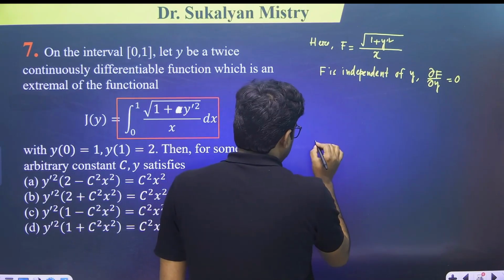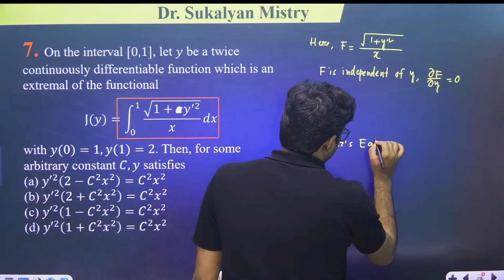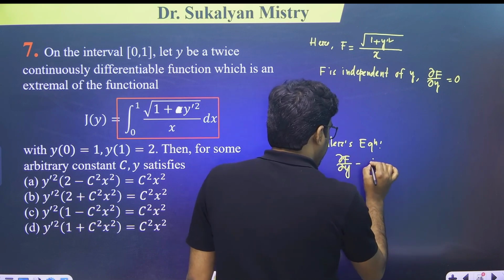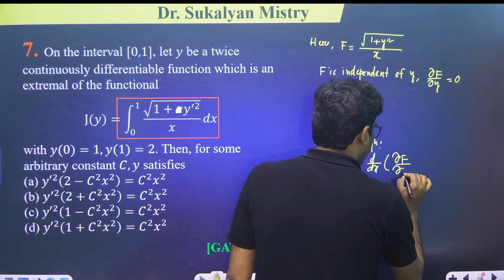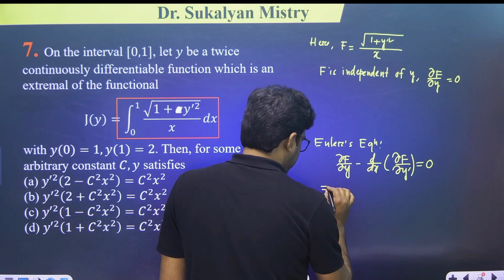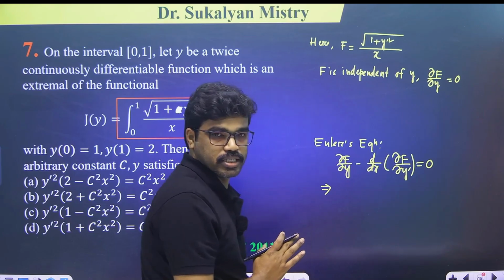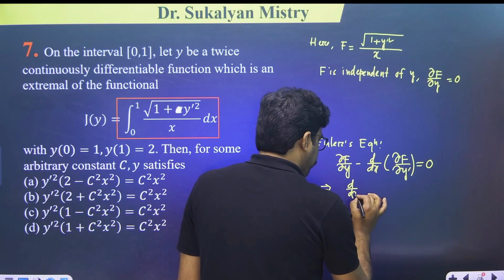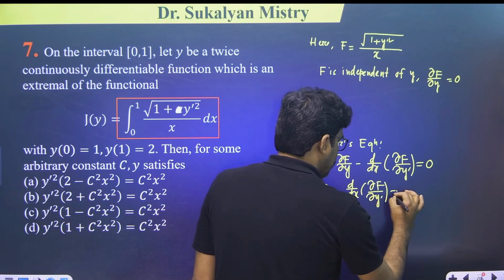What is Euler's equation? Euler's equation is del f del y minus d/dx of del f del y dash is equal to 0. So del f del y is 0, that means d/dx of del f del y dash is equal to 0.